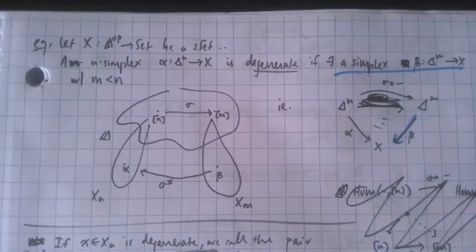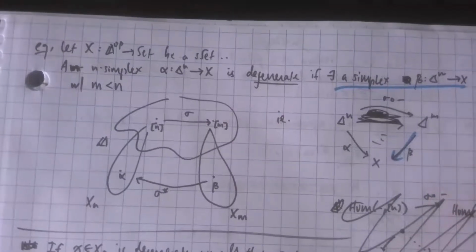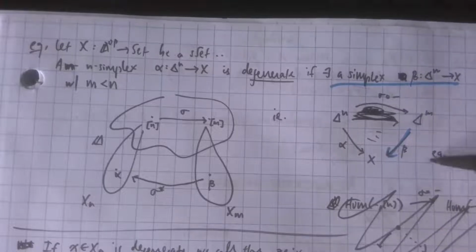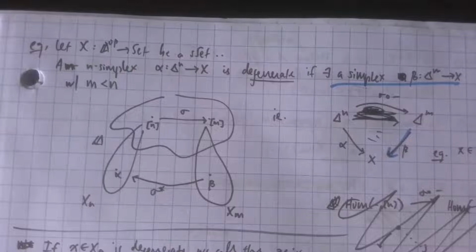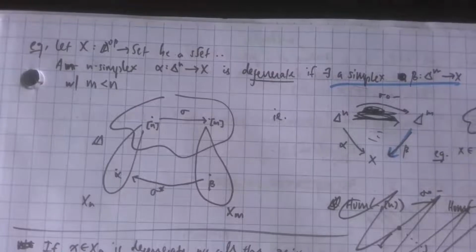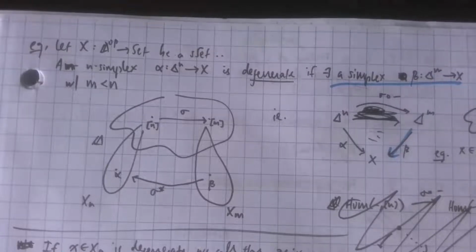For example, if you want a simple example of a degenerate simplex, let's say x is a point in X0. You can think of that as just a point in some space. If you geometrically realize this presheaf, then this forms a space, which is why I think of these categories as spaces in some way.